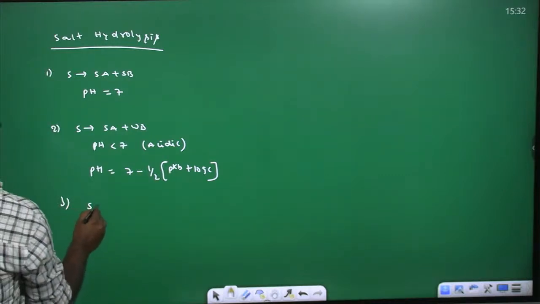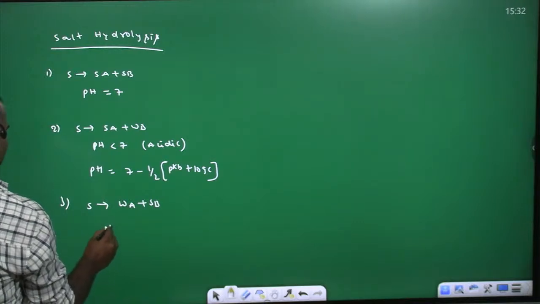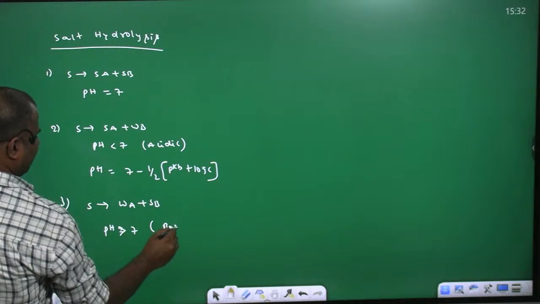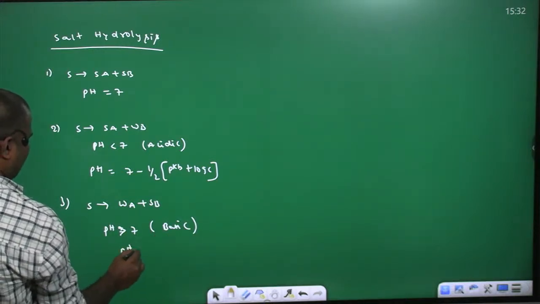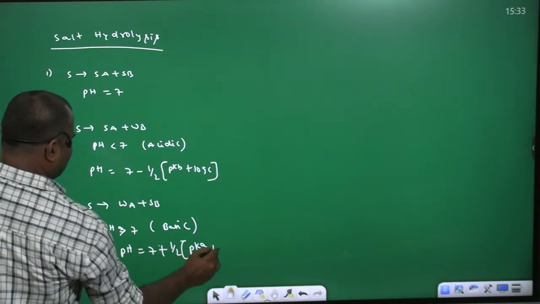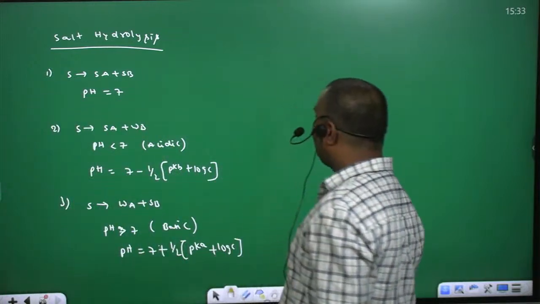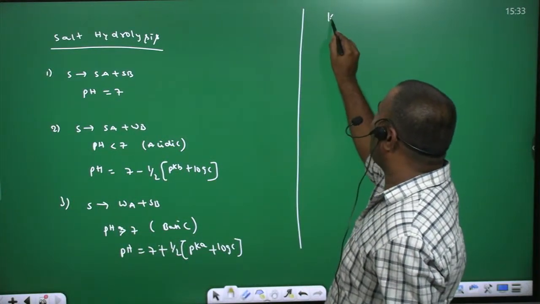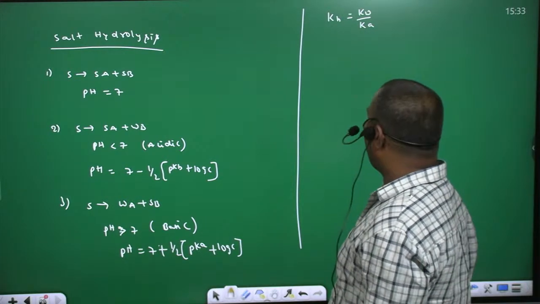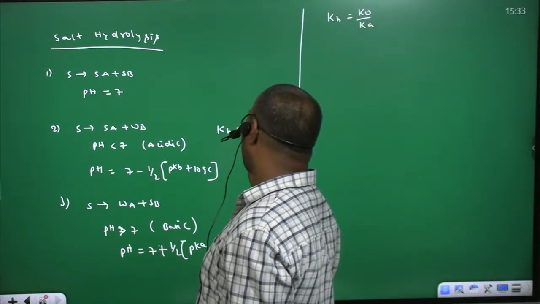Then the third one, the salt of weak acid with strong base. The pH is greater than 7 because the solution is basic in nature. You need to add something. So pH equals 7 plus 1 by 2 pKa plus log C. If you need to find Kh, the hydrolysis constant, that equals Kw by Ka for weak acid salts, whereas here Kh equals Kw by Kb.